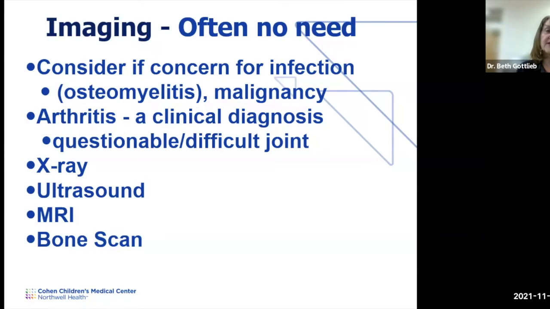But there can be joint effusions that are not seen on X-ray. If you're unsure about whether or not there is a joint effusion, consider ultrasound. No radiation, easy, inexpensive, and you can get ultrasound, especially in a small child or a thin child. You could even do the hip.